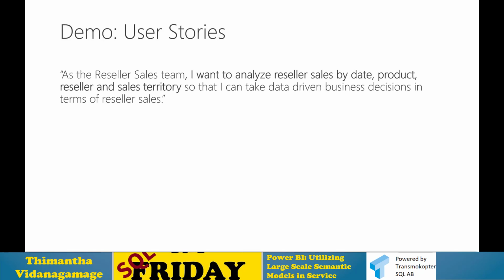We have two user stories from two teams. One team is the reseller sales team. Let's see what they are saying. As the reseller sales team, I want to analyze reseller sales by date, product, reseller, and sales territory so that I can take data-driven business decisions in terms of reseller sales.